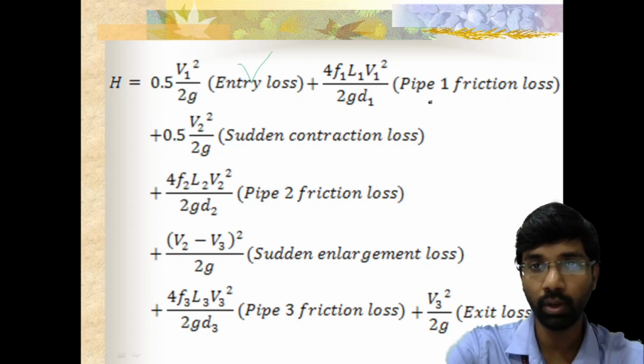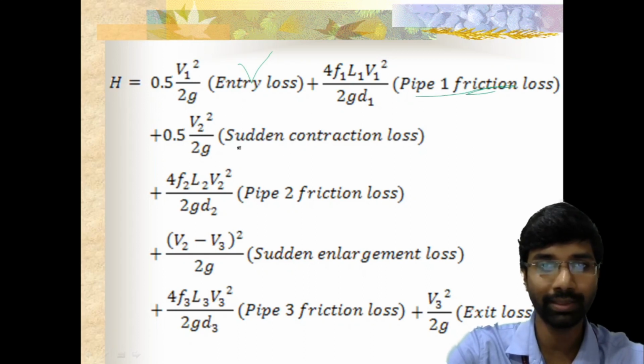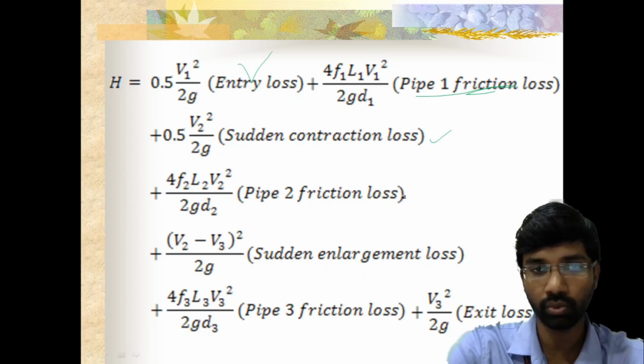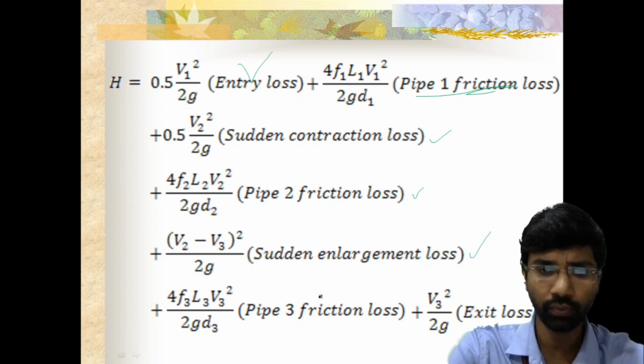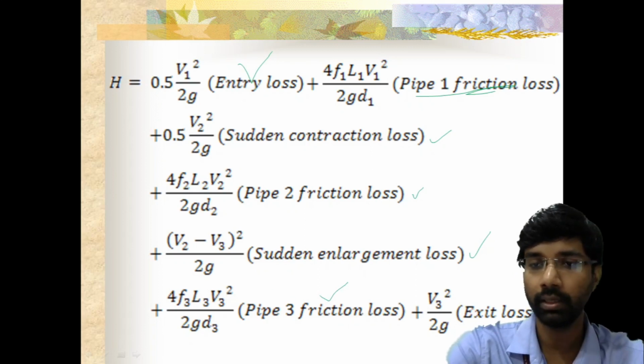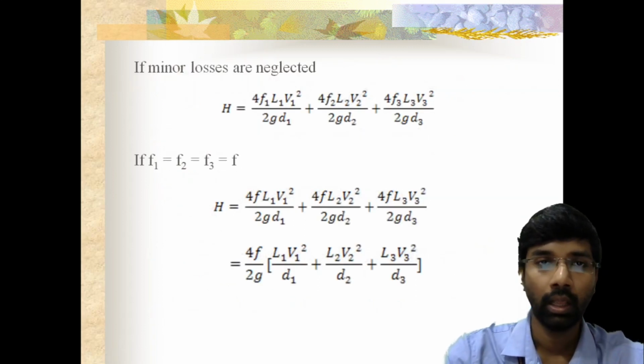In pipe 1, because of flow in pipe 1, frictional loss is 4 f L1 V1 square by 2g D1, and due to sudden contraction it is 0.5 V2 square by 2g, and due to flow in pipe 2 it is 4 f L2 V2 square by 2g D2, and due to sudden enlargement this is the loss, and due to friction in flow in pipe 3 it is frictional loss, and this one is exit loss, right?